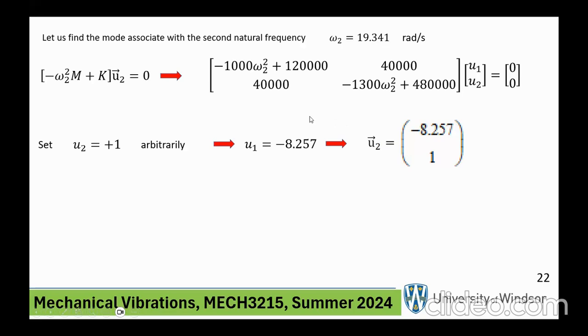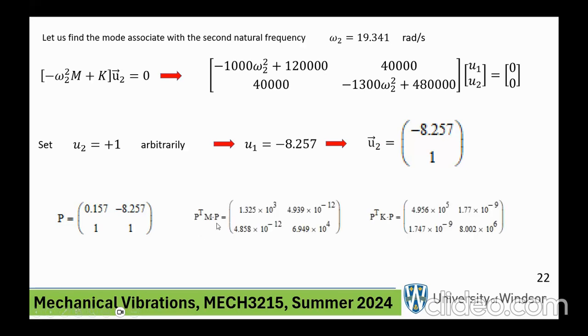Now, we have the modal matrix if you want. So you take the first mode shape, put it in the first column, second mode shape, put it in the second column, and you can check if you do the multiplication P transpose M P, you better get a diagonal matrix. And well, it's almost diagonal, but it is diagonal because these are powers of 10 to the minus 12. 0 for all practical purposes, and 10 to the minus 9 for all practical purposes.